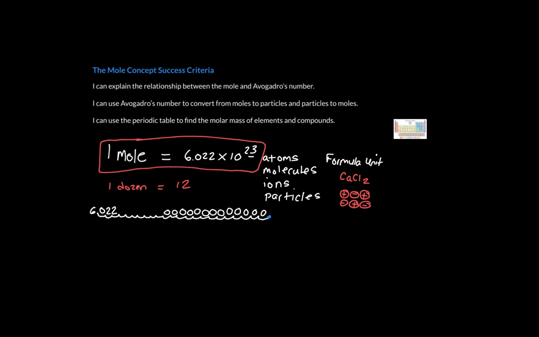Now, why do we have the mole? In chemistry, I'm running out of room here. When we study chemistry, chemistry is a study of matter, and matter is really small. The basic building blocks of matter are atoms, and those atoms are made of protons, neutrons, and electrons, and they're very, very tiny.